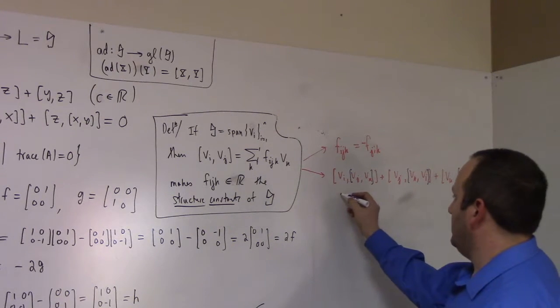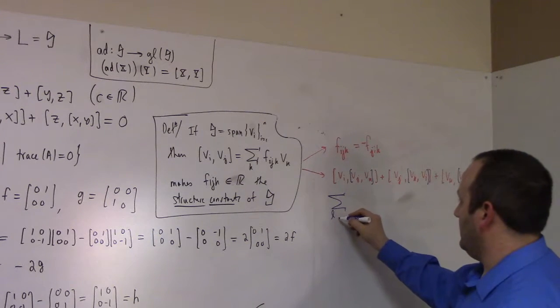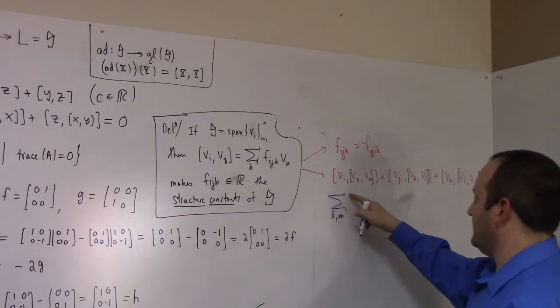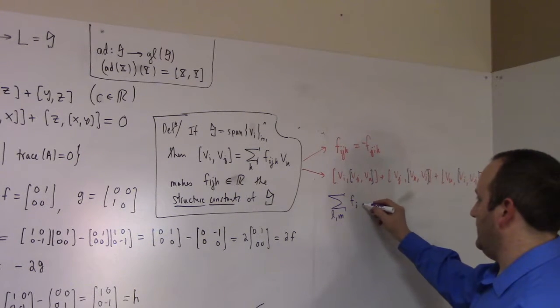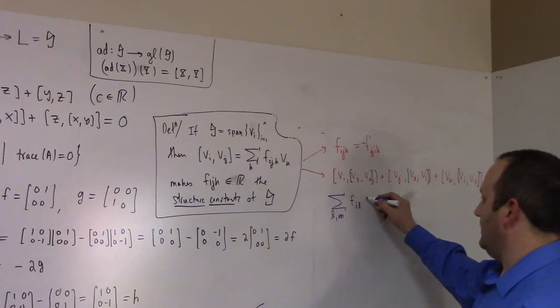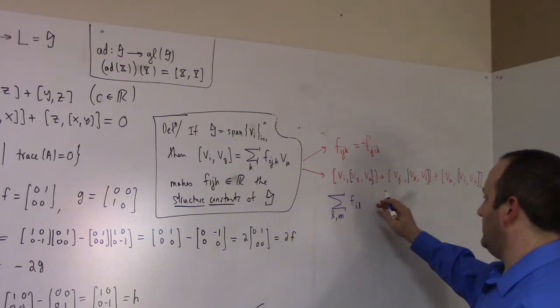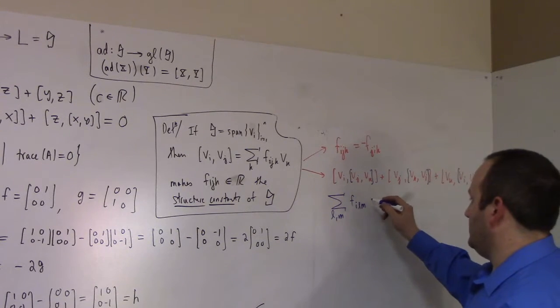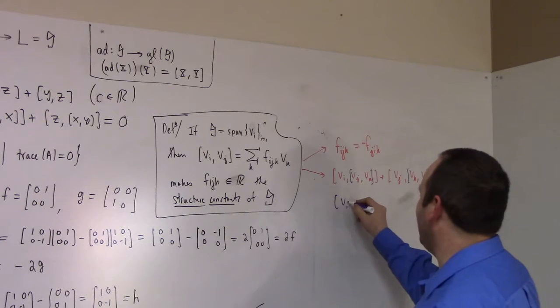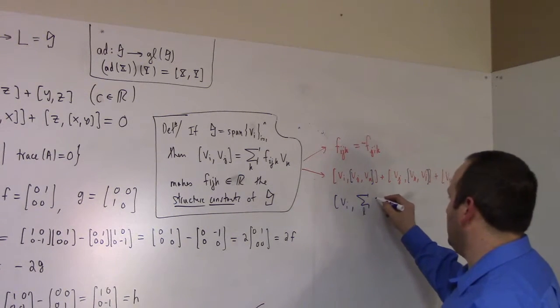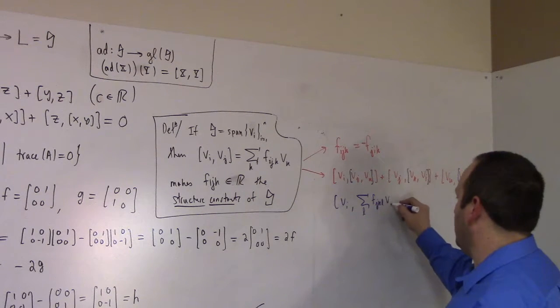Let me actually do this in steps. Sorry, guys. So Vi with the sum over L of f_jkL VL.